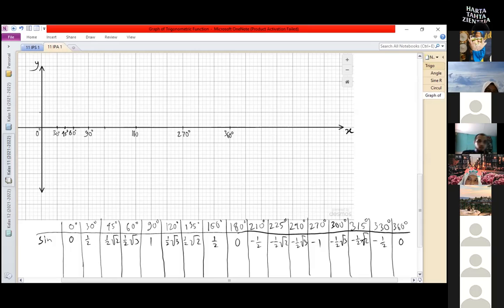Okay, this is the wrong one. Yeah, so pay attention, this is the wrong one. Yeah, this is not correct, yeah. This is not correct. Why? Because, again, the scale, ya.